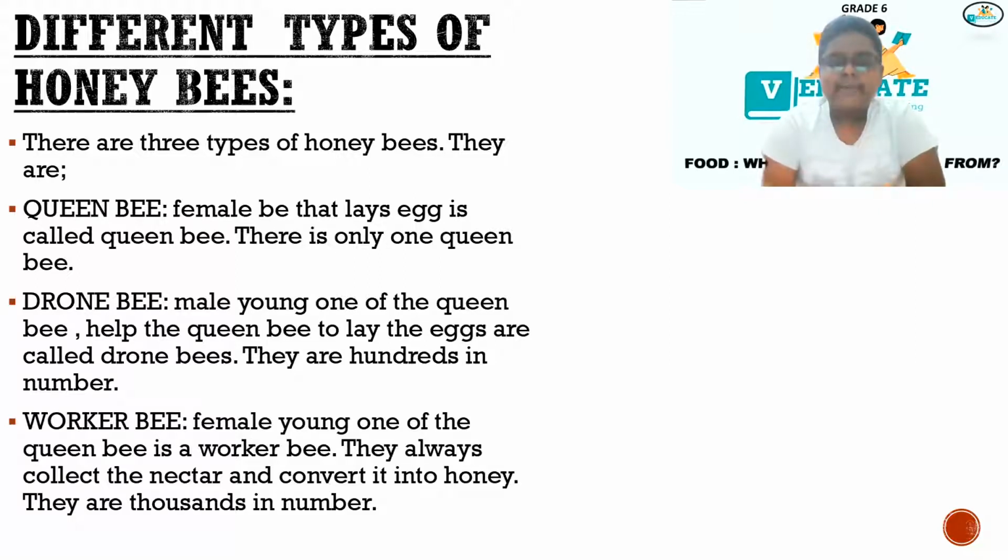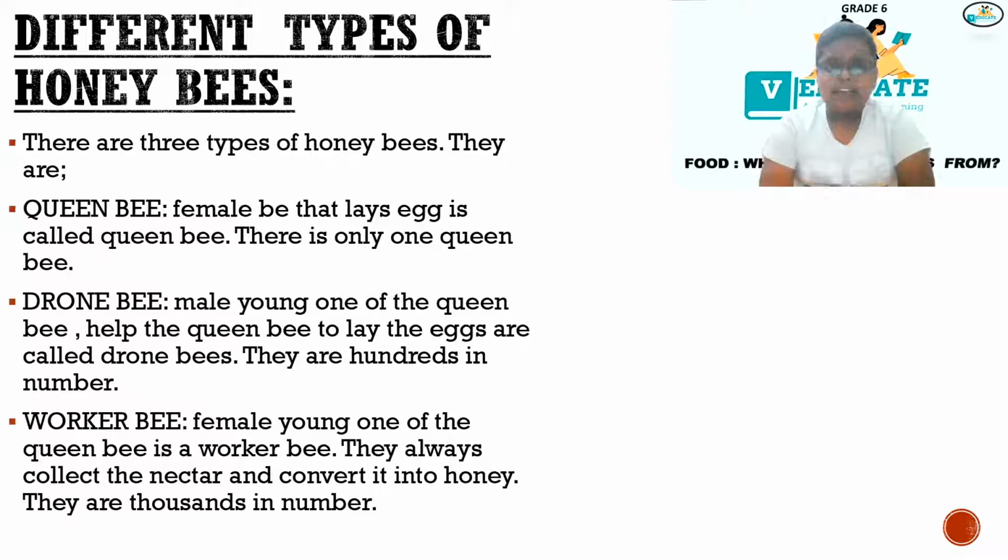The queen bee is the female bee that lays eggs. There is only one queen bee, and only the queen bee lays the eggs. Next, the drone bee.